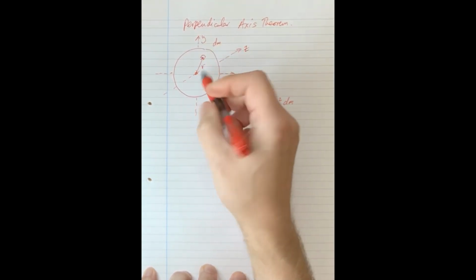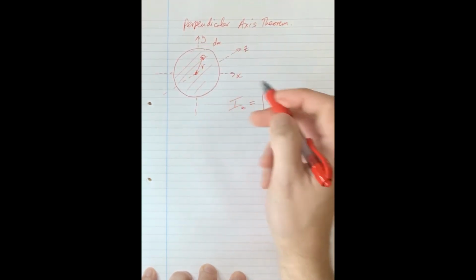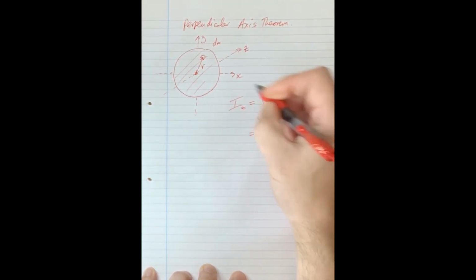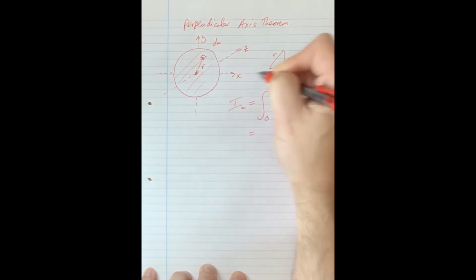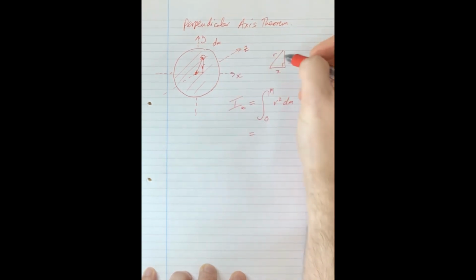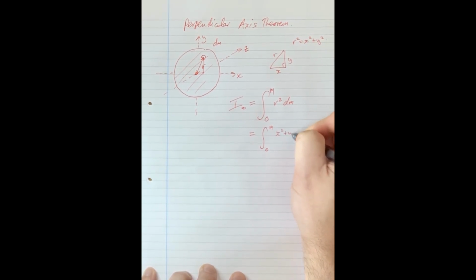But if you look, this R on this XY plane, X, Y, and R are linked, okay? So X and Y, this is a right angled triangle, and so R squared would equal X squared plus Y squared. So if I replace this, I've got X squared plus Y squared, dm.